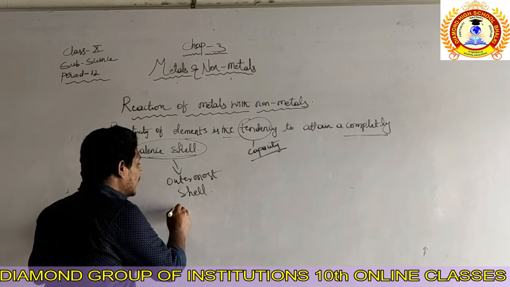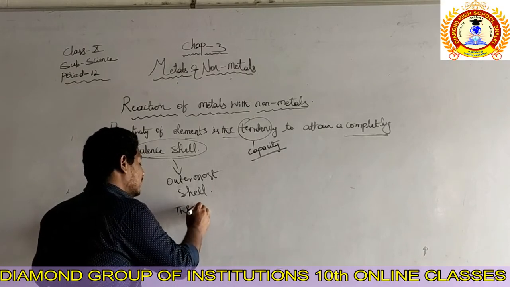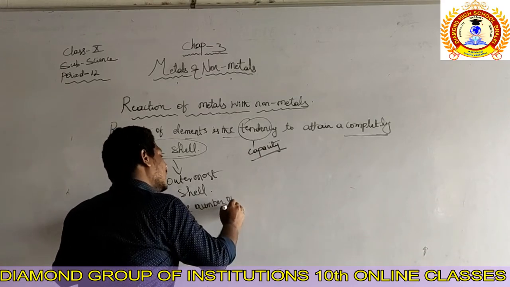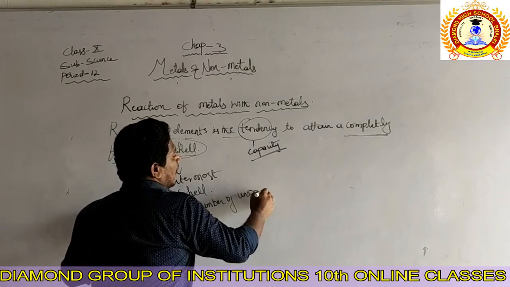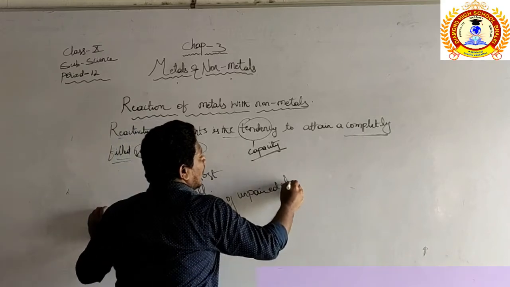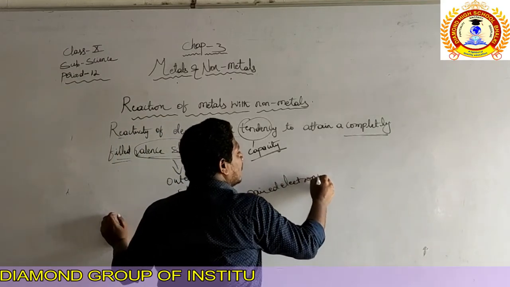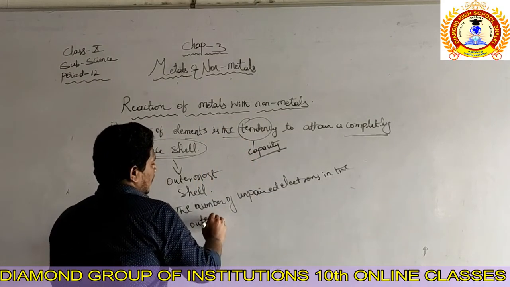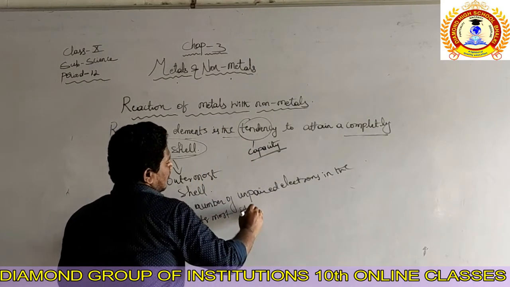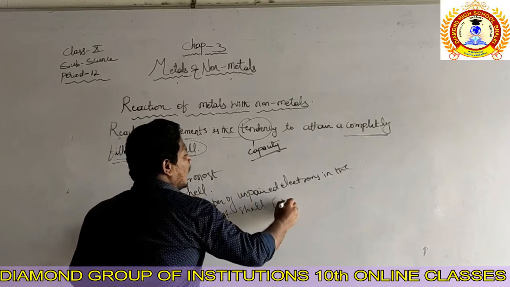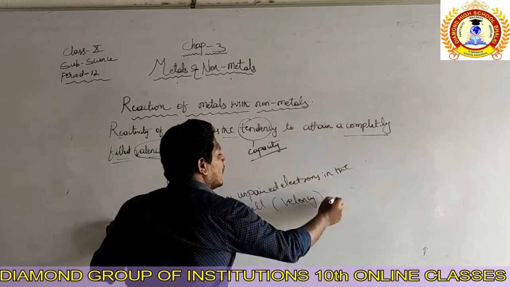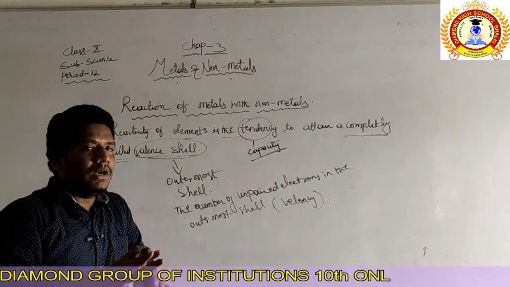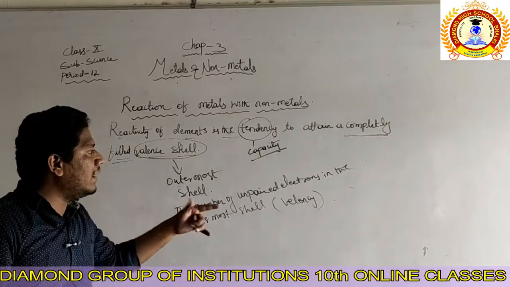Valency is the number of unpaired electrons in the outermost shell. So this is called valency. The valency and valence have totally different meanings. So never confuse between valency and valence.